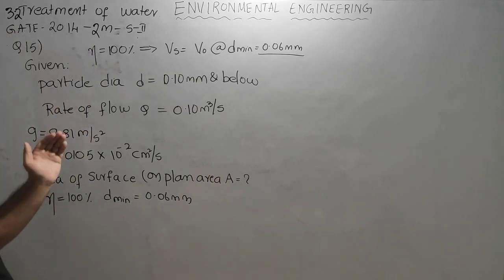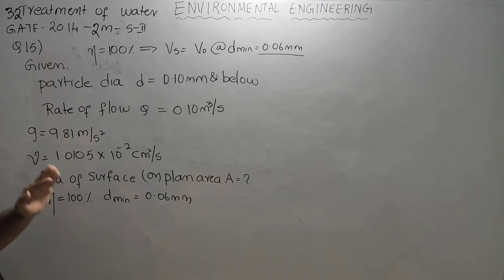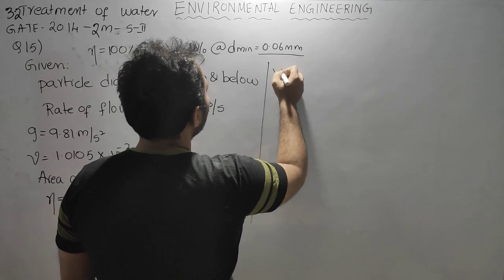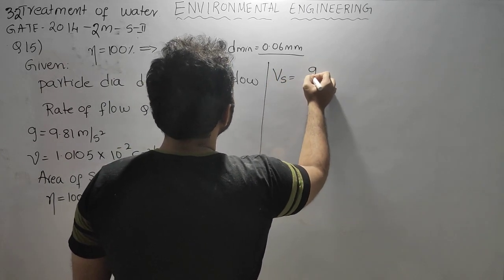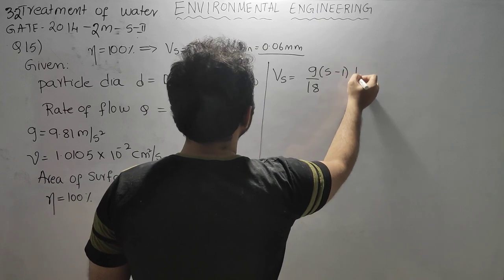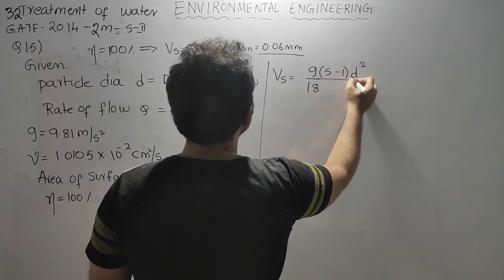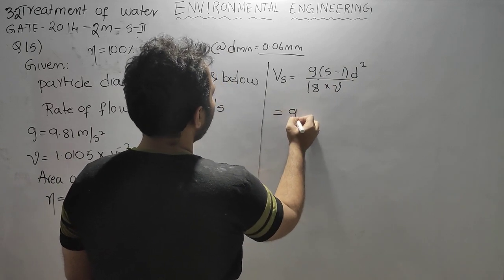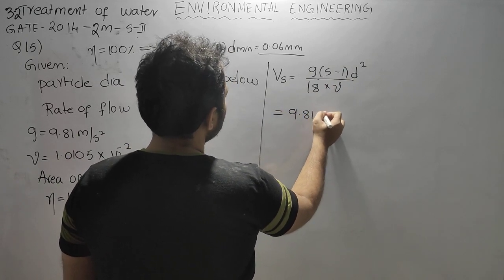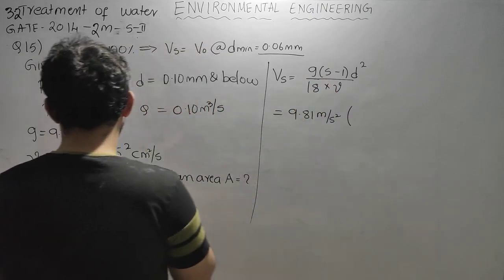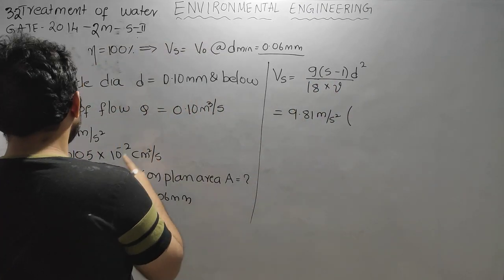Now here Vs we can find using the given data. So what is Vs as per the Stokes law? Vs is equal to G by 18 into S minus 1 into D square by nu. So what is G here? 9.81 meter per second square.